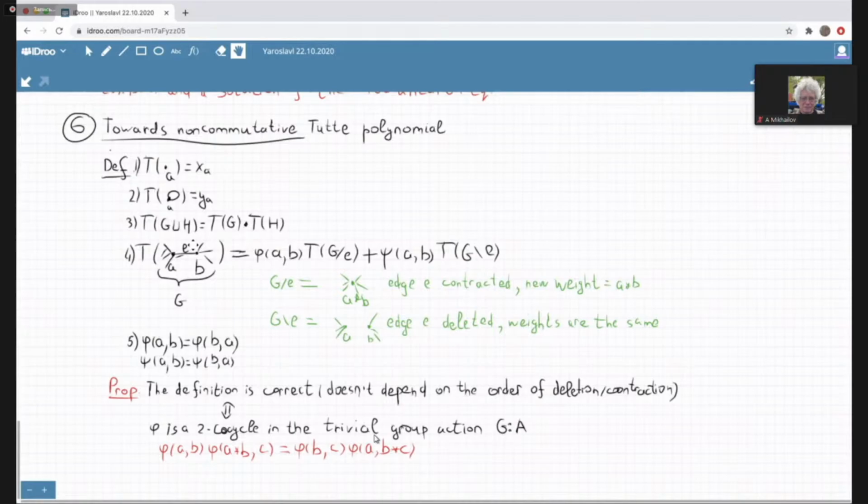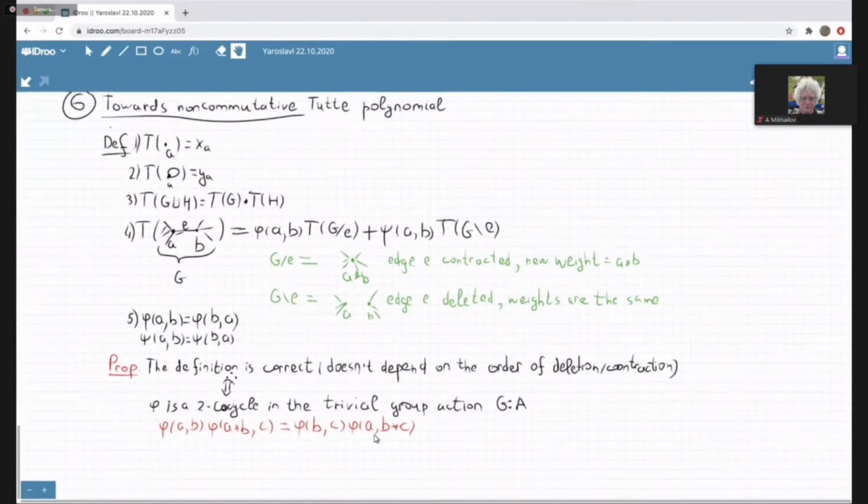I mean that if we have two different orders in which we contract and delete edges of the graph, we should have the same polynomial in the end. The condition on phi, while the function psi should be just the trivial identity, gives us this red condition, and it means that phi is a two-cocycle in the group action G of A. It's very interesting, and we hope it's a first step towards the non-commutative side.